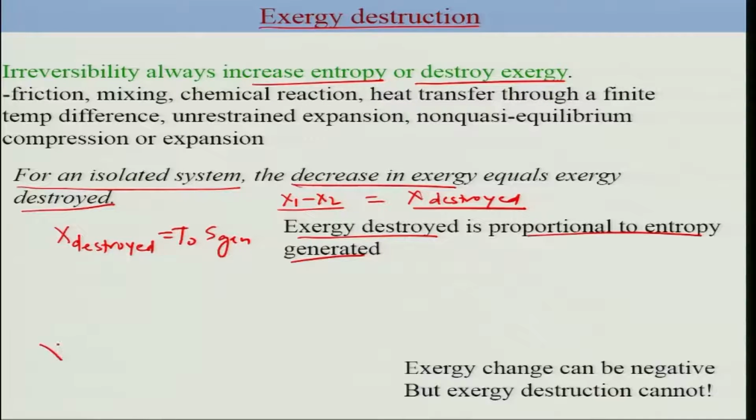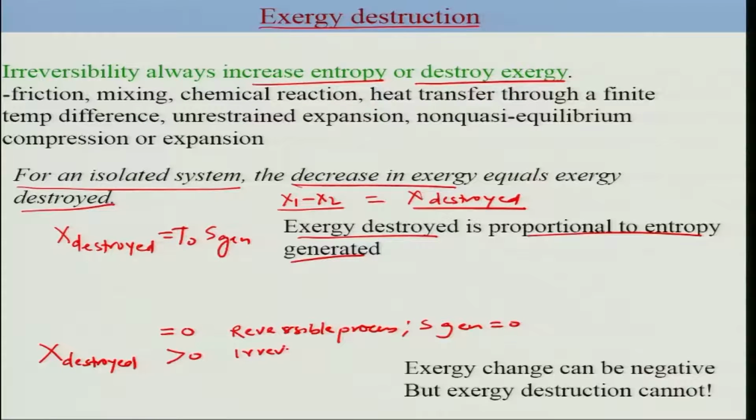So, now X destroyed, okay, this would be 0 for a reversible process, because S generation is 0, okay, and is going to be greater than 0 for an irreversible process, because S generation is of course greater than 0.